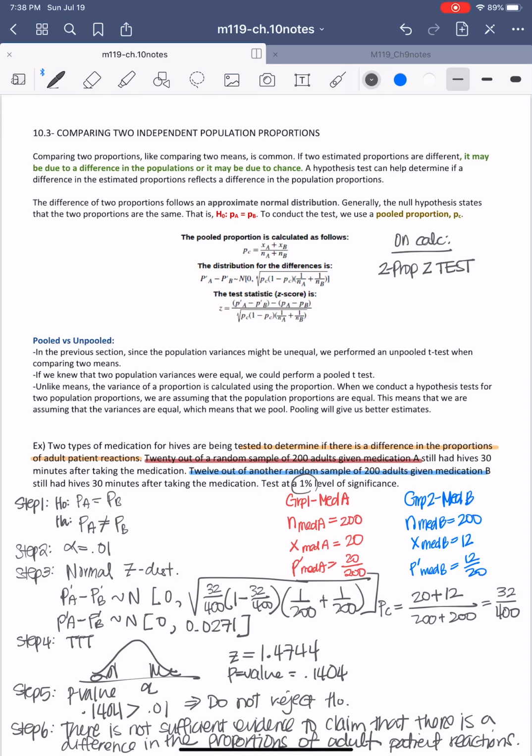All right, so we went through everything: mean with sigma unknown, mean with sigma known, and then we also went over the population proportion.